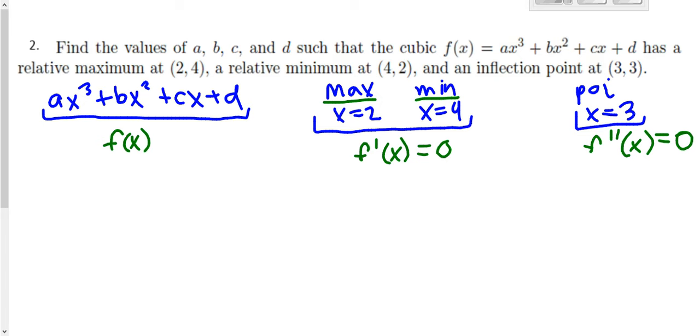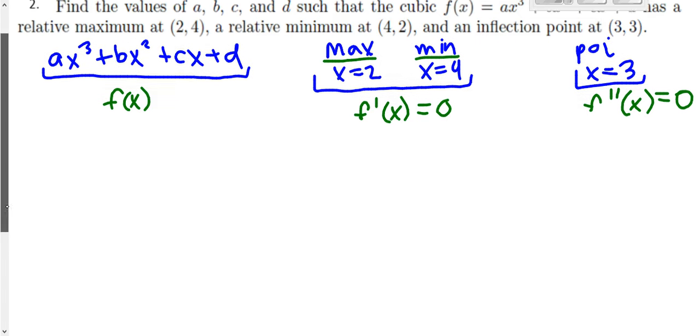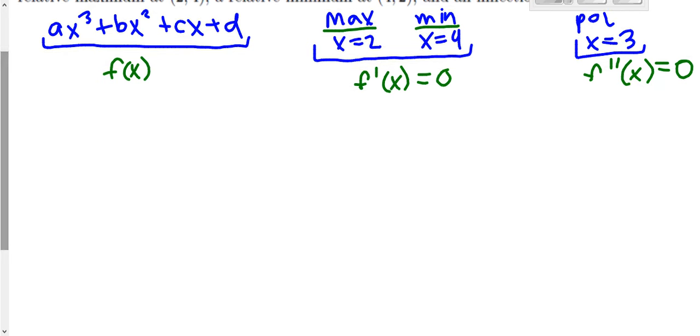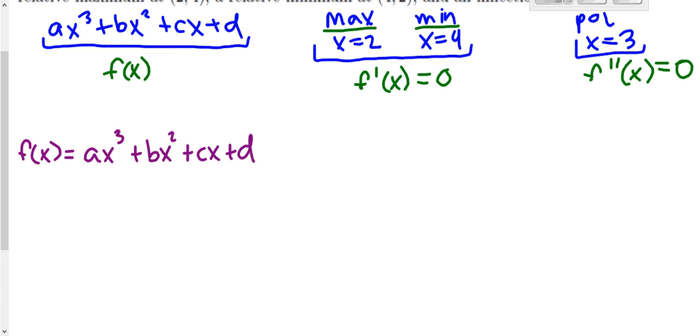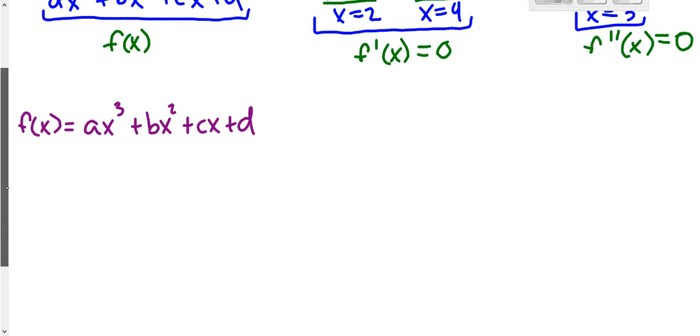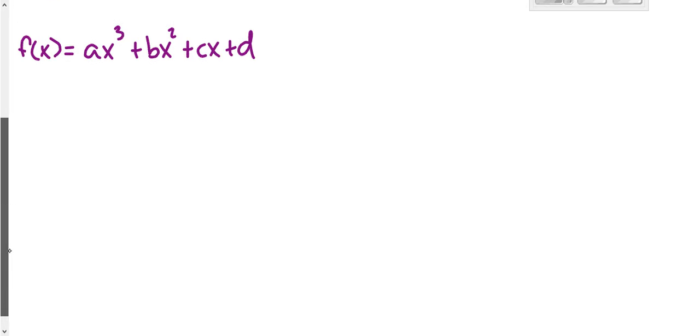So let's go ahead and write our original function. f of x is equal to ax cubed plus bx squared plus cx plus d. Then I'm going to go a little bit down and write my derivative.